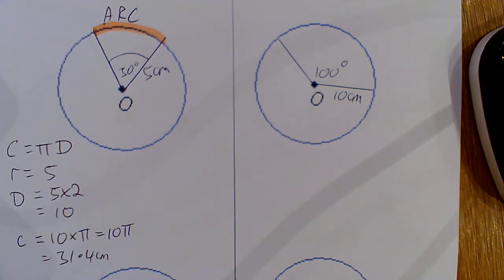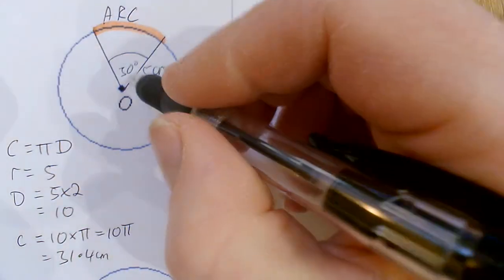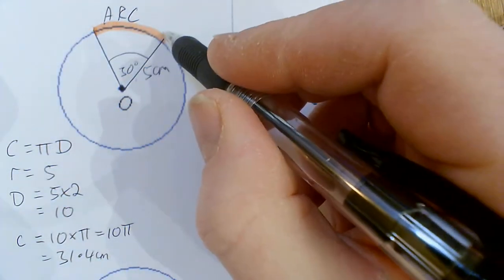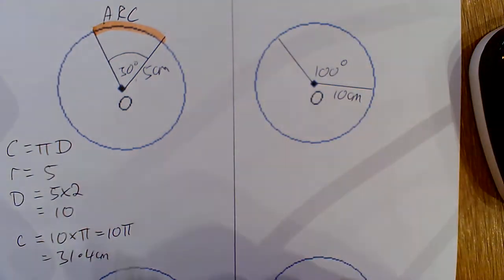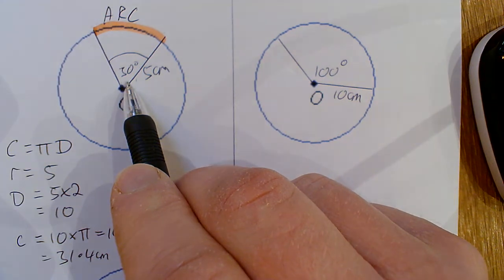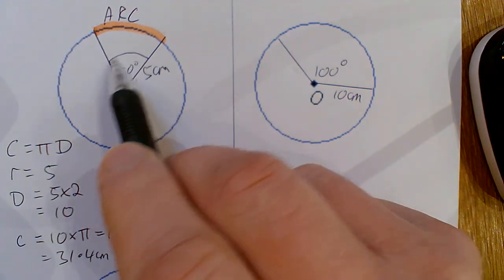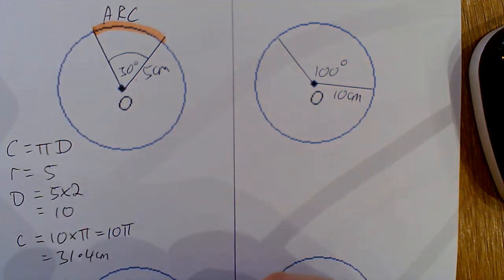But I don't want this whole of the circumference. I just want this little fraction of the circumference here that I've called the arc. And I get that by saying this angle is 30 degrees. The whole way around the circle is 360 degrees.